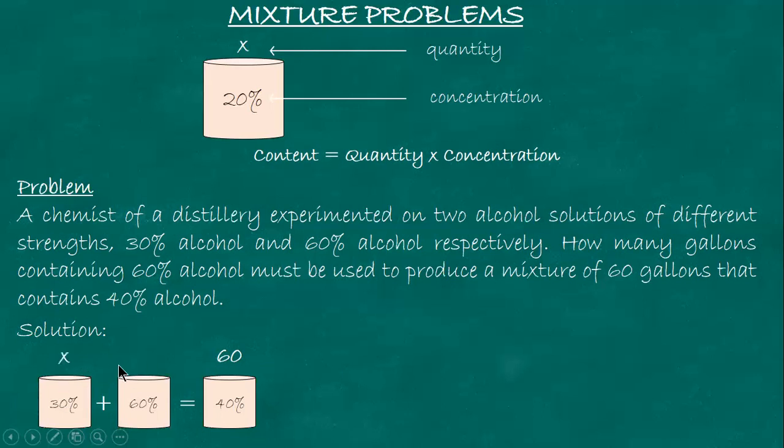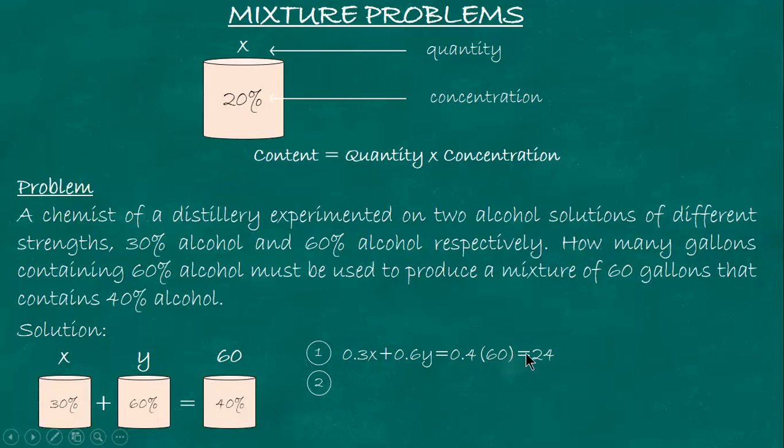we have two unknowns, x and y, so we need two equations. The first equation is about content: how much alcohol content is there? Content is equal to quantity times concentration, in decimal form. So 0.3 times x plus 0.6 times y equals 0.4 times 60, or 24.